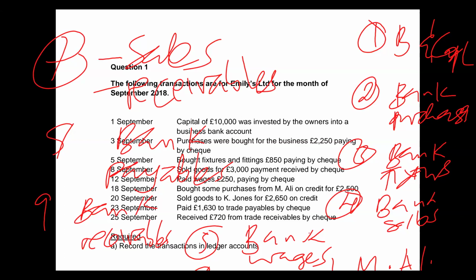Okay, balance carried down will be 2650 minus 720, that's 1930. Balance brought down will be 1930. Yeah, that's right.